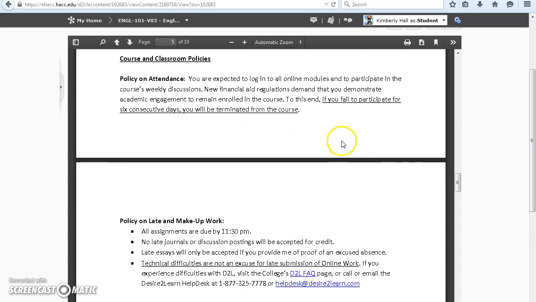Policy on attendance: this has a lot to do with new financial aid regulations, so if you fail to participate in the class for 6 consecutive days, you don't do discussions, you don't do the exercises, you don't turn in the journal, then you will be terminated from the course. Policy on late and makeup work: everything is due by 11:30 p.m. on Sunday nights.